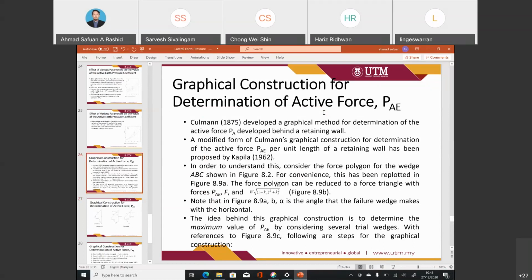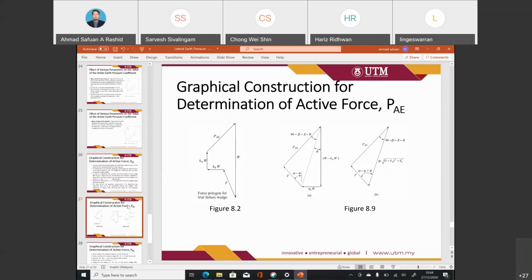The idea behind this graphical construction is to determine the maximum value of PAE by considering several trial wedges with reference to figure 8.9c, where the steps for the graphical construction are listed in the next slide. So this is how they come up with the derivation.